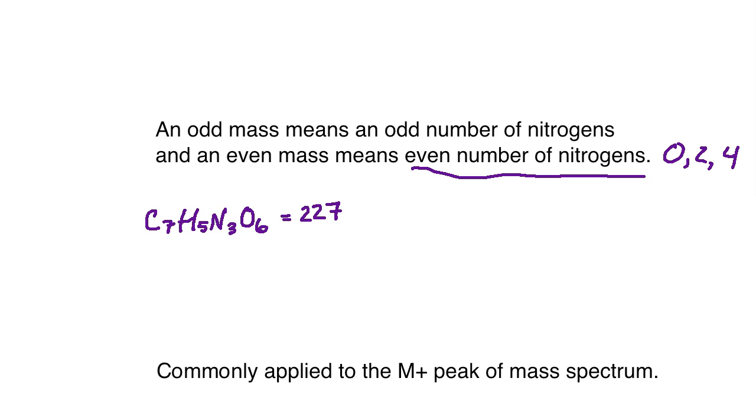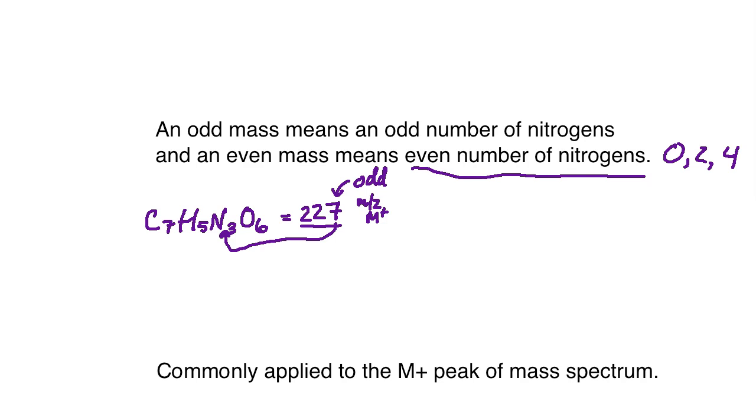So if you were looking at the M over Z, this would be the M plus peak. This would be the grams per mole approximately, rounding. So 227, because this is odd, that means we should have an odd number of nitrogens. And sure enough, the nitrogens are equal to 3 in this case. So we do have an odd number of nitrogens.